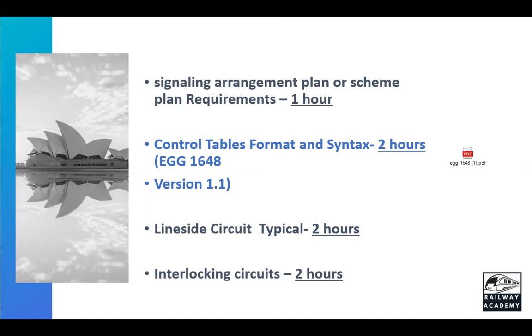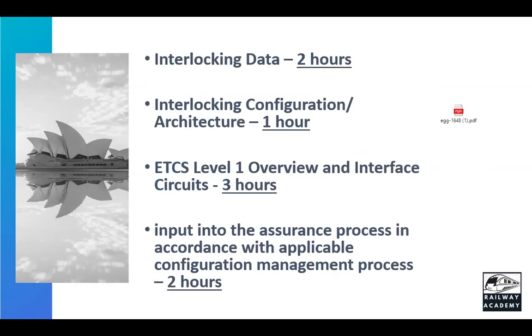Interlocking circuits are the logic circuits, which are also given as part of that circuit PDF. We'll see that also. Then interlocking data and configuration, we can discuss in relation to either Microlok or Westrace. And if anybody is interested, we can discuss what is called Electrologic also, which uses coded track circuits.